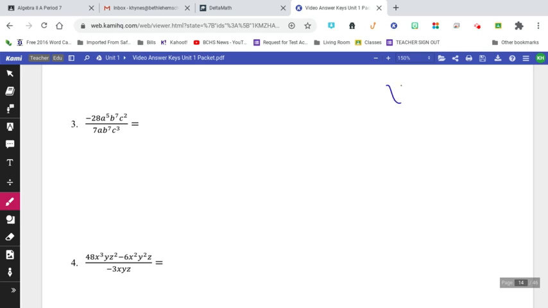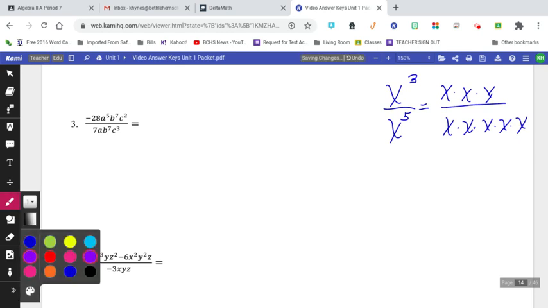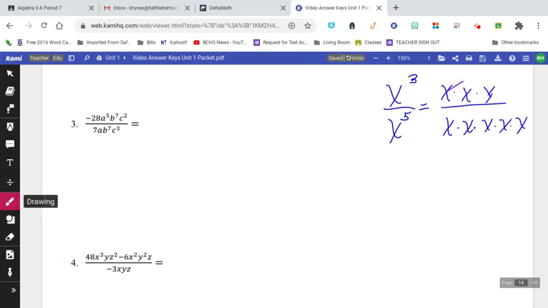If I had x to the 3rd over x to the 5th, if you were to write that out with multiplication, you would now be able to cancel each x in the top with an x in the bottom. And what you would be left with is 1 over x squared. So we're still subtracting, but instead of doing 3 minus 5, we're doing 5 minus 3.